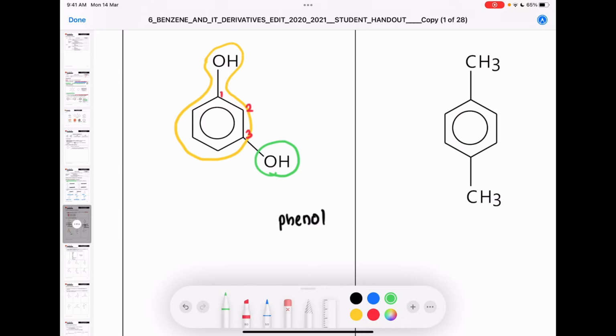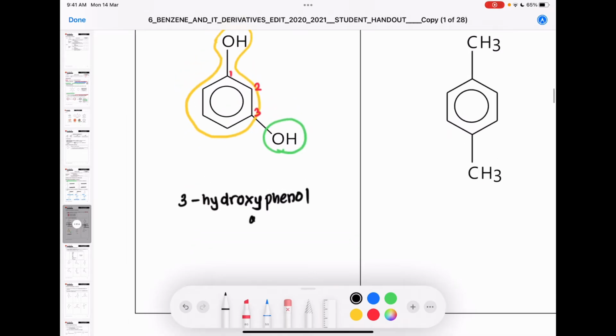So we will name this as 3-hydroxyphenol. Sorry, 3-hydroxyphenol.